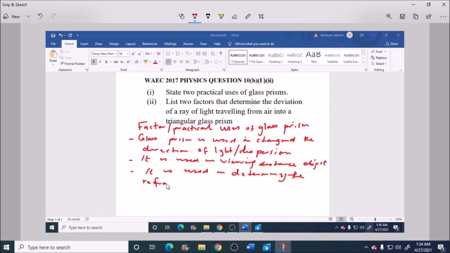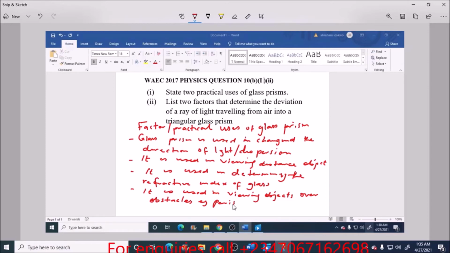Then it is also used in viewing objects over obstacles like the periscope. Okay, so these are the practical uses of glass prisms.